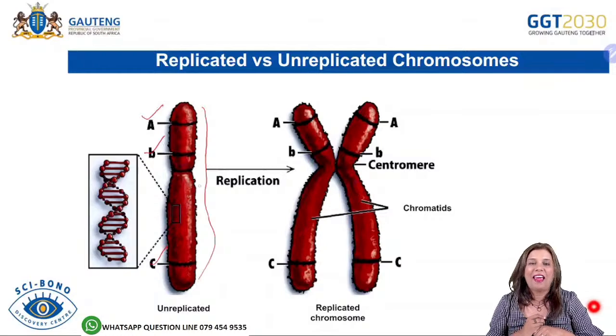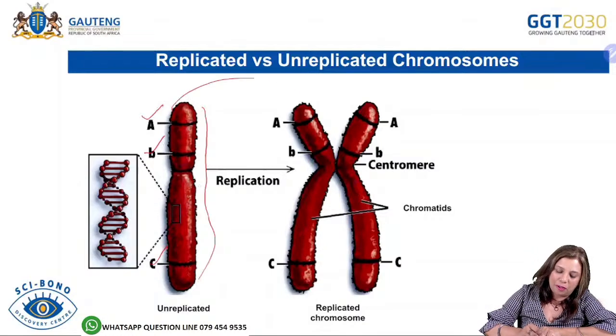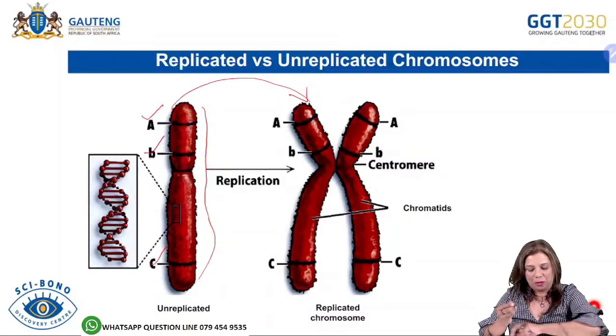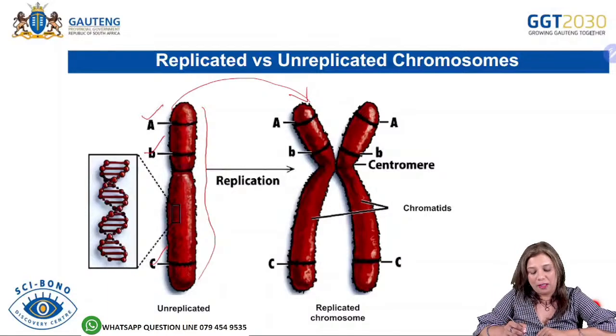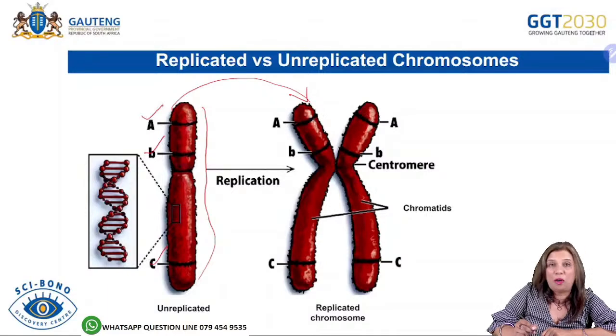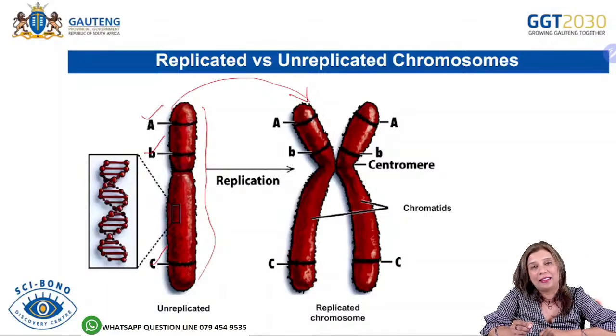Okay? And then, if we move to the right of the diagram, this is the example of a replicated chromosome. And this obviously occurs after DNA replication. Very, very simple to understand because we got a singular structure. The structure makes a copy of itself. And if you look at the diagram, look at the position of, we'll call it an A gene because they haven't assigned the name of the gene.